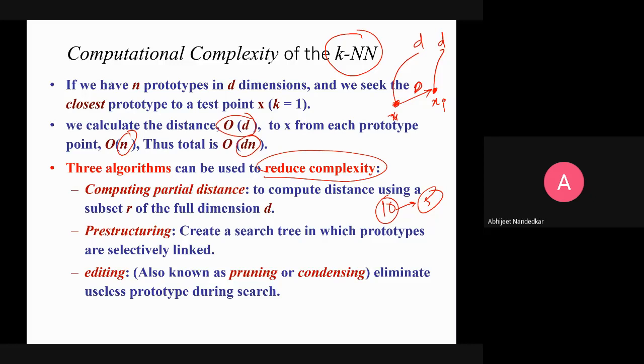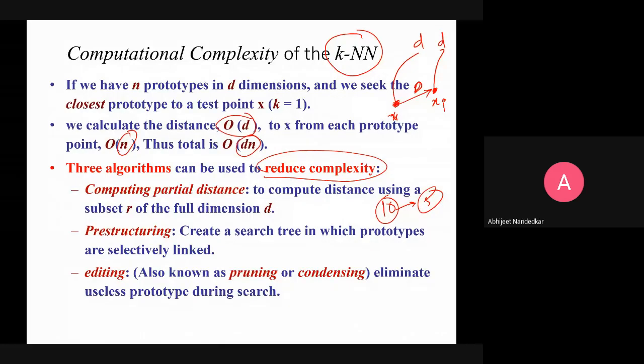Then the third approach is to eliminate useless prototypes. We know that there are some prototypes that you can easily eliminate from your list, and still there won't be any problem. Say, for example, I have 100 samples per class for 10 classes, so a total of 1000 samples.